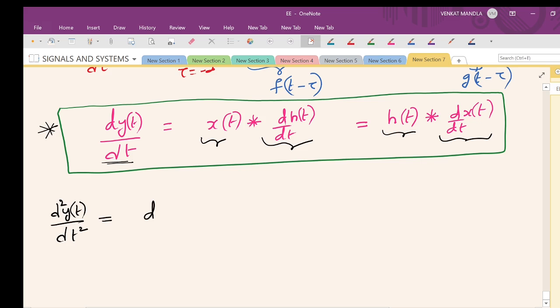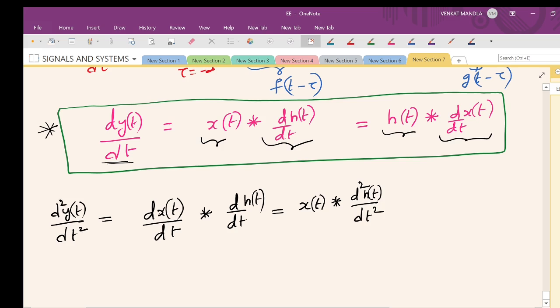So here I will differentiate dx of t by dt. Here I will differentiate x of t, and I don't do anything on d by dt of h of t. Or I don't do anything on x of t, and I differentiate the second signal, that is d by dt of h of t. If I differentiate this, we'll get d square h of t by dt square.